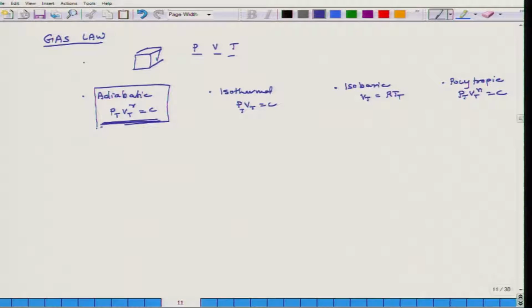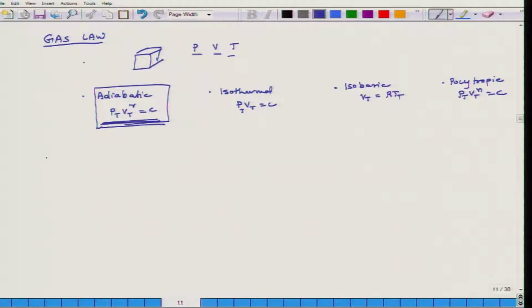So, we are selecting the adiabatic process because we know for sure, based on a lot of experimental data and observation, that when sound propagates in air, the air experiences adiabatic expansion or compression.